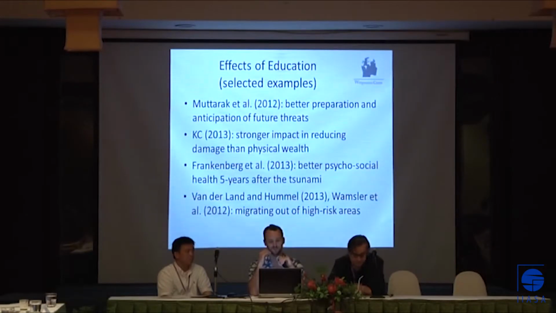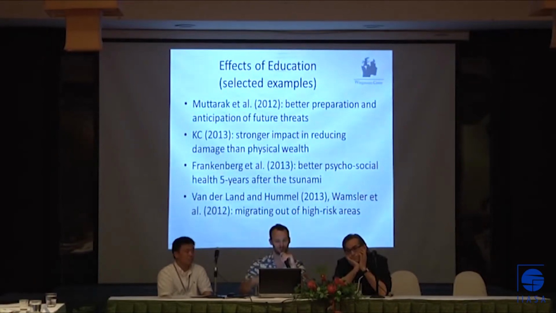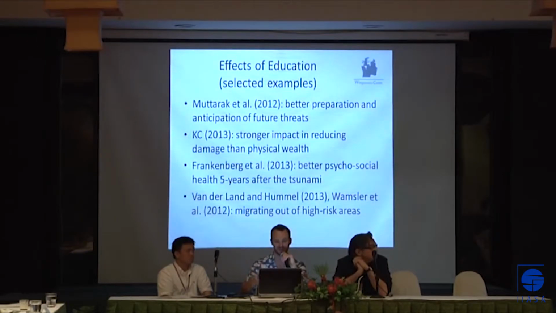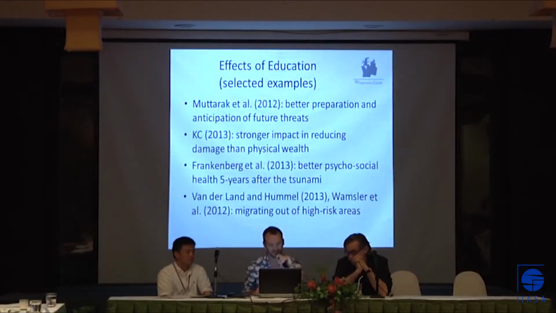Raya and her colleagues have been working on data from Thailand, where they find that villages with a better educated population are more likely to be better prepared and also more likely to anticipate future threats. Samir, on the other hand, using Nepali data, found that there is a stronger impact of education in reducing damage than the impact of physical wealth and income.